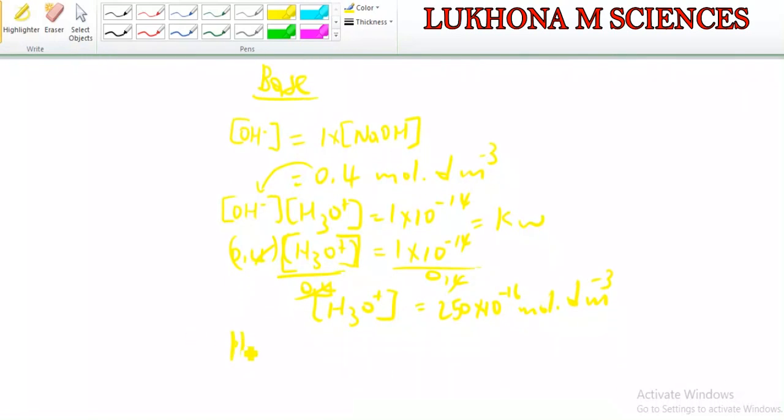But the question says calculate the pH. Therefore, the pH will be equal to minus log concentration of H3O plus. Then we substitute. We have minus log of 250 times 10 to the power negative 16. Then we get the pH.